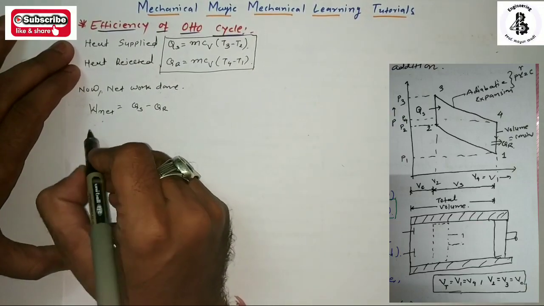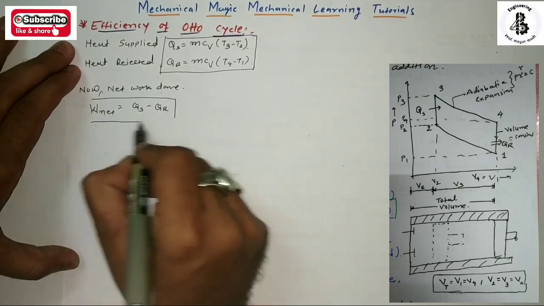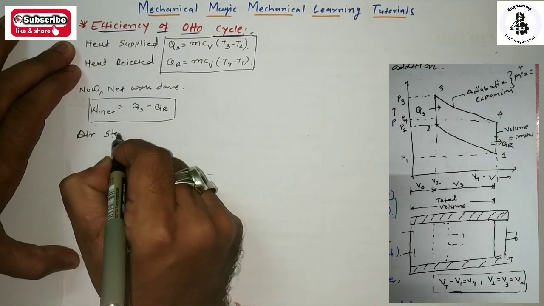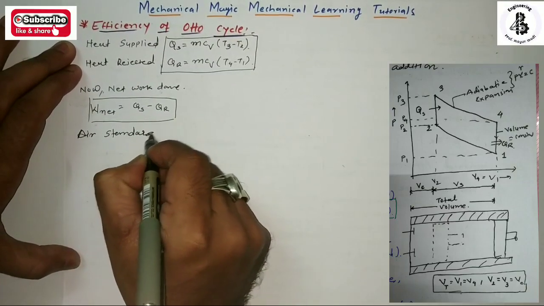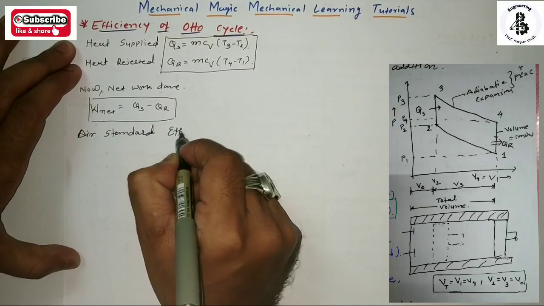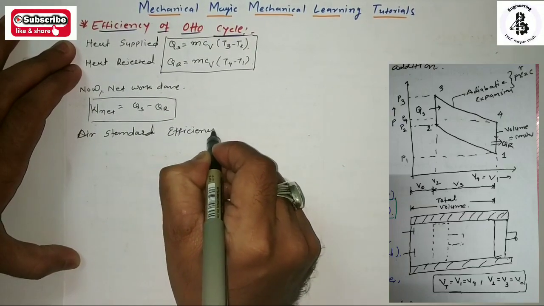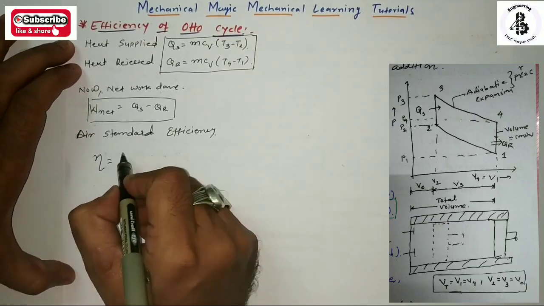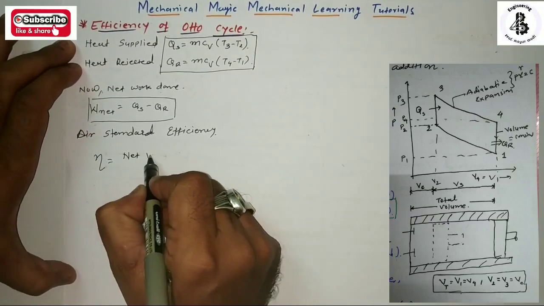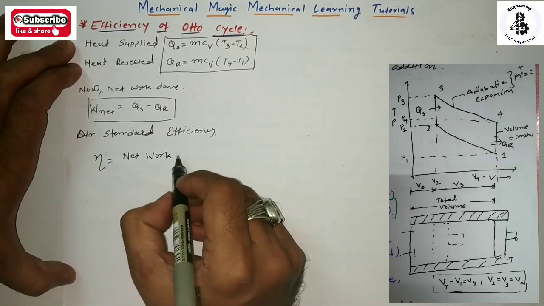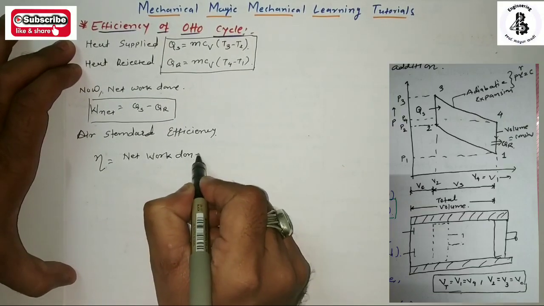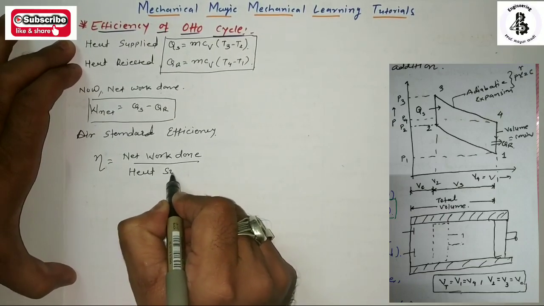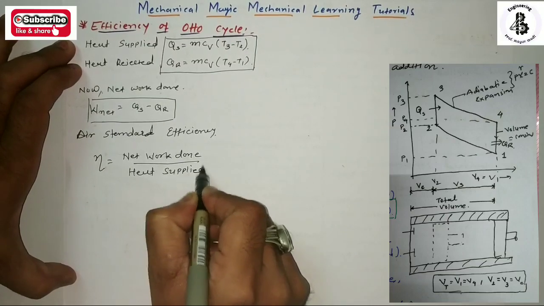And the air standard efficiency is equal to net work done divided by heat supplied.